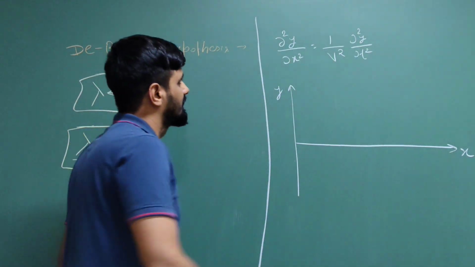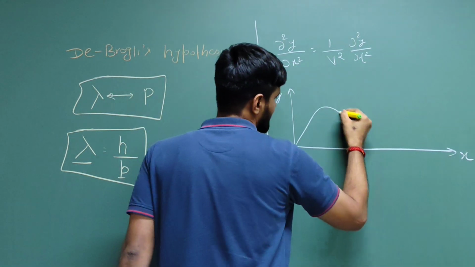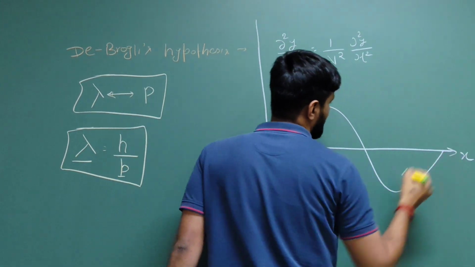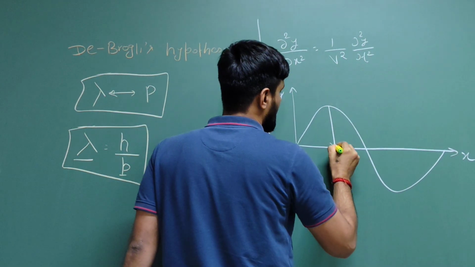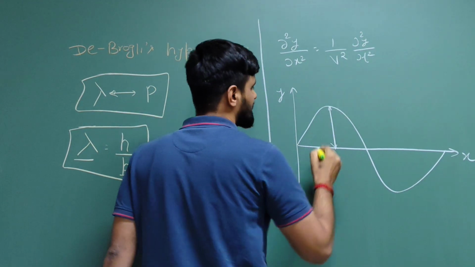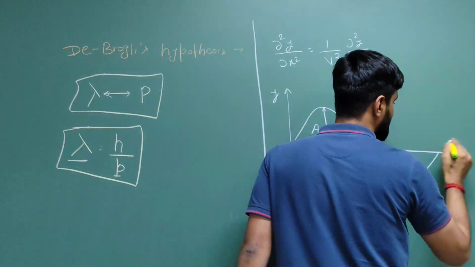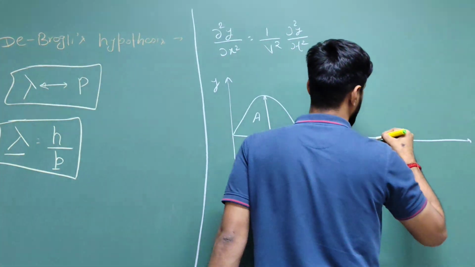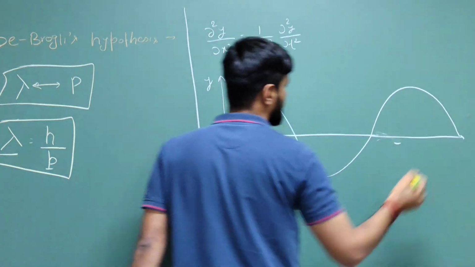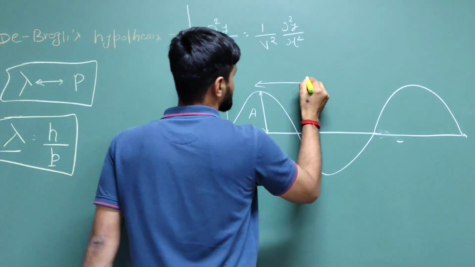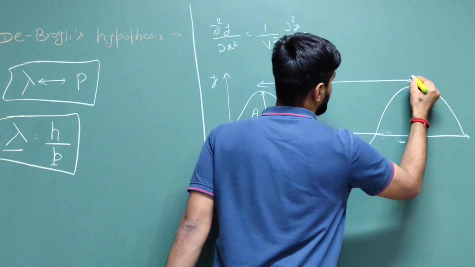Sorry, wave equation. This wave will look like this, right? The maximum value of the wave magnitude is called A, the amplitude. And this is called the wavelength, lambda, right?